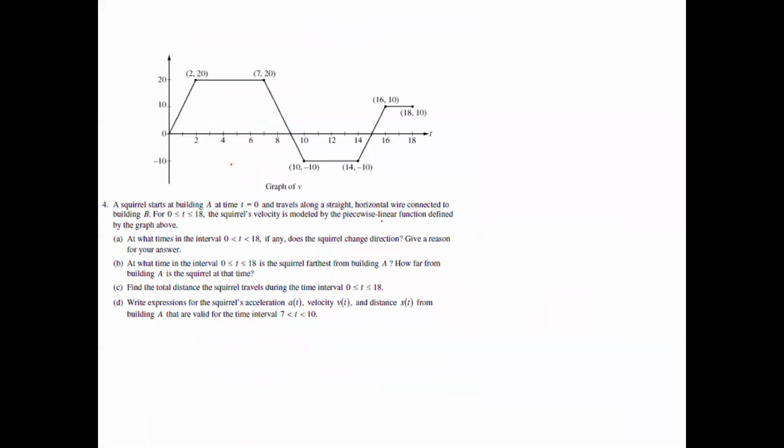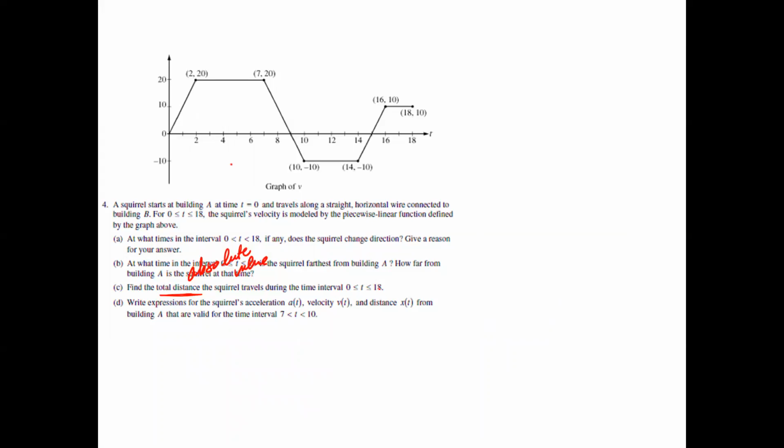Okay, so let's go ahead and take a look at question C. For question C, it says find the total distance, which is going to involve, remember, absolute value, the squirrel travels during the time interval between 0 to 18.